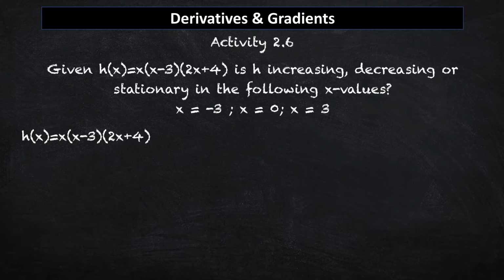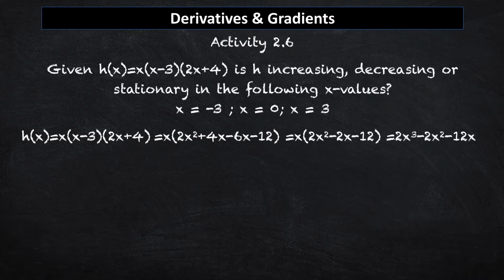First of all, we have a function in which there are some parentheses, so we can do the multiplications in the parentheses, and the function, if we do all the multiplications and all the steps, becomes equal to 2x to the power of 3 minus 2x to the power of 2 minus 12x. This is our function.